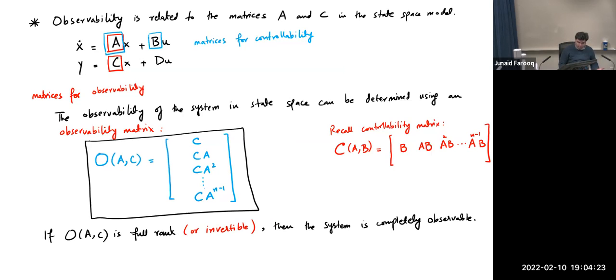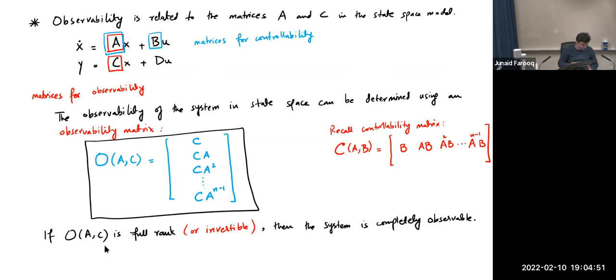So the same idea, just like we did in the controllability case, if this observability matrix is full rank, then it means that the system is fully observable, meaning that all the states can be reconstructed if you know the input and the outputs of the system. Right, so the observer can be designed to give you the complete state information.